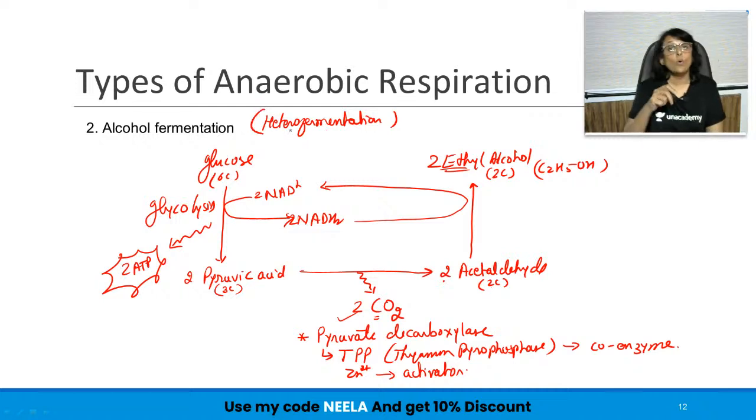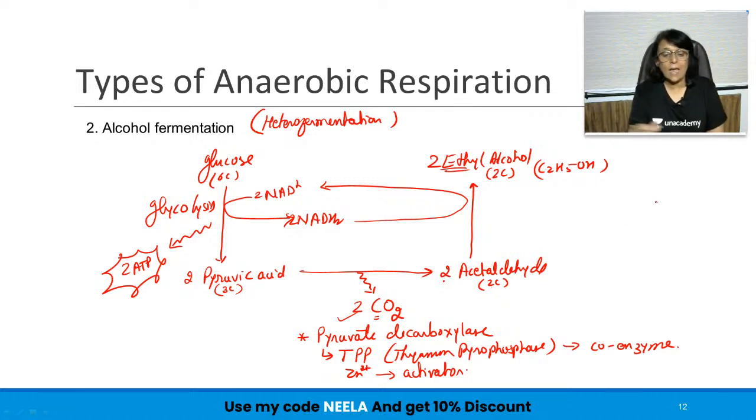So there can be homofermentation or heterofermentation. Depending upon how many products are formed, single or more than one, in both the cases the number of ATP molecules obtained is only 2.